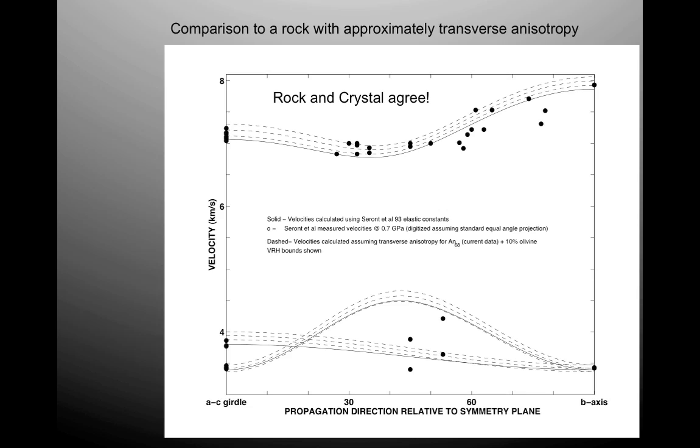There are a couple shear velocities that are not quite in accord, and I don't know whether that represents experimental error or something else, but they're not consistent with the behavior of transverse anisotropy under any stretch of the imagination. Again, the velocities on the girdle and along the b-axis are perfectly confirmed by the elastic constants we use.